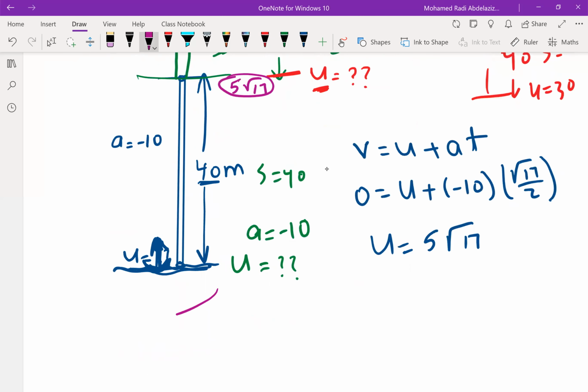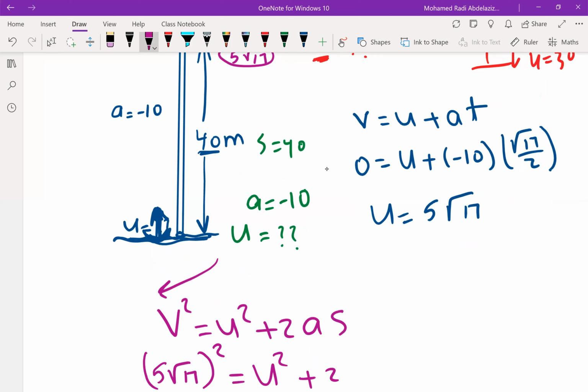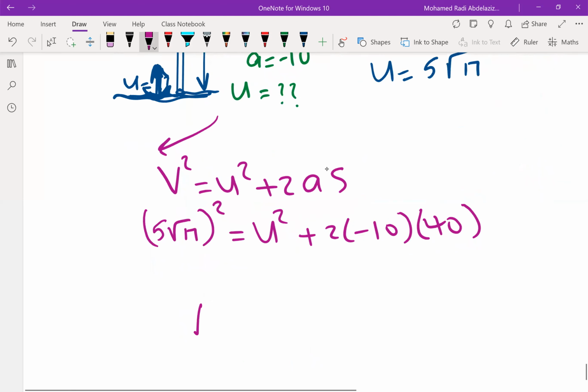If we now write V squared equals U squared plus 2AS, the final velocity 5 root 17 squared is equal to the initial velocity squared plus 2 times -10 times the displacement, which is 40. You can find the velocity in this case.